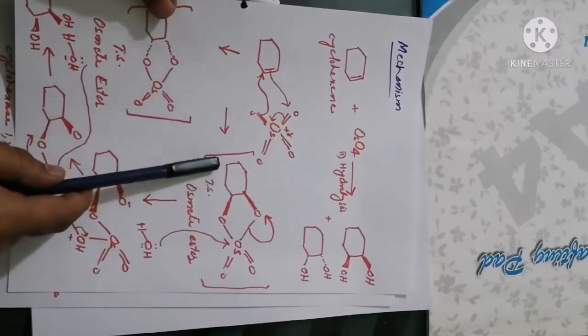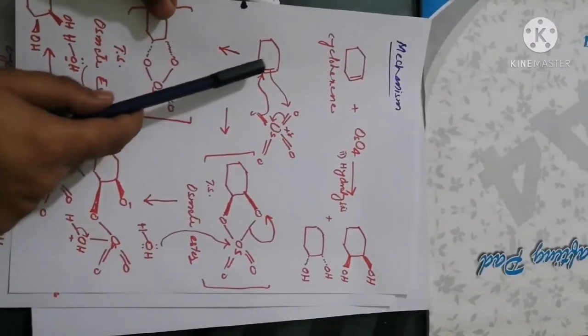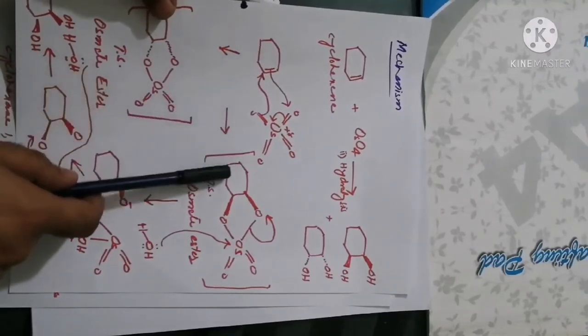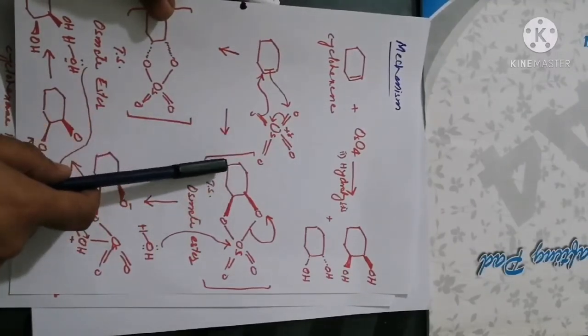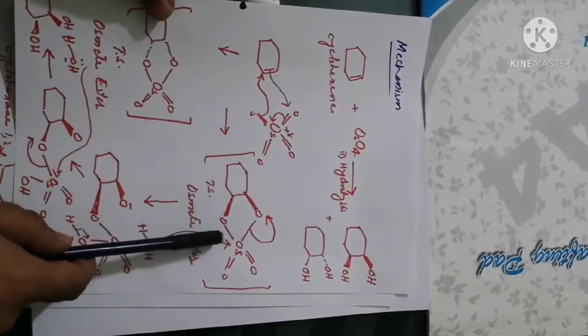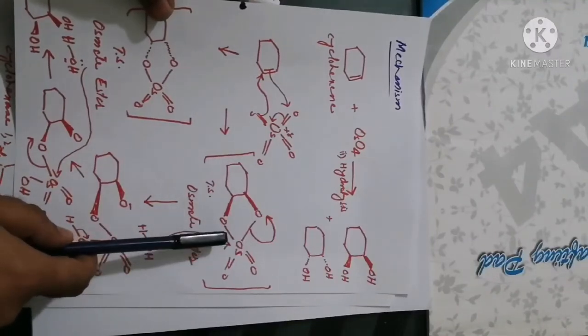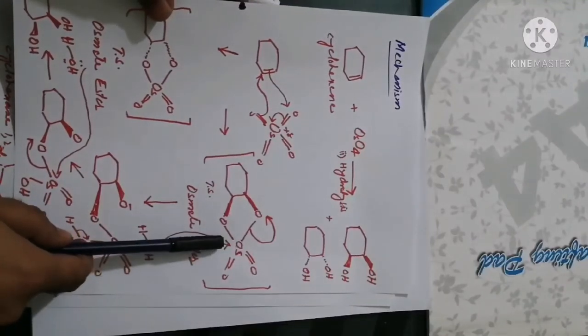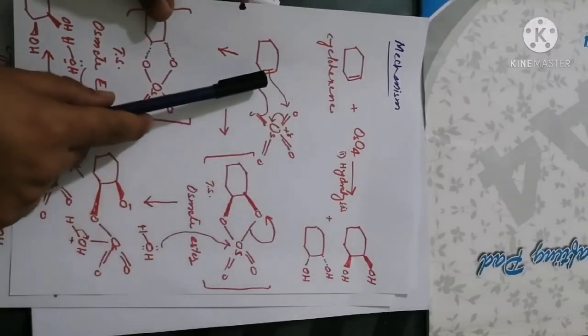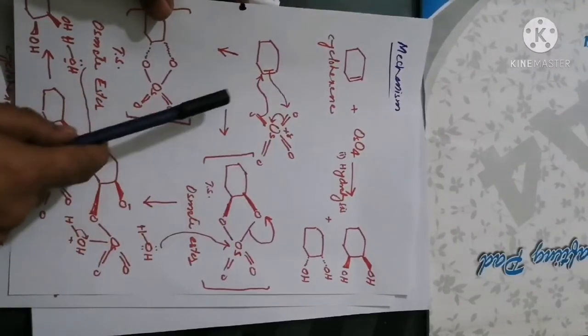Again, the first step is concerted. No bond formation and no bond breaking is occurring, only a cyclic transition state is forming, and this osmium tetroxide can attack from the upper phase of the double bond or from the lower phase of the double bond.